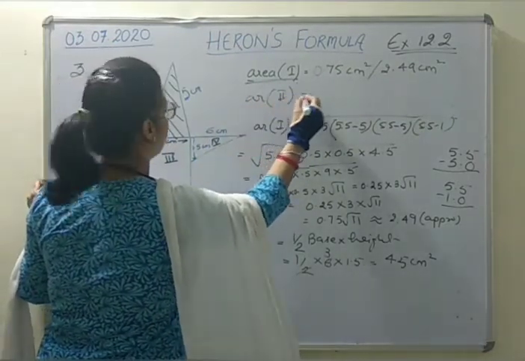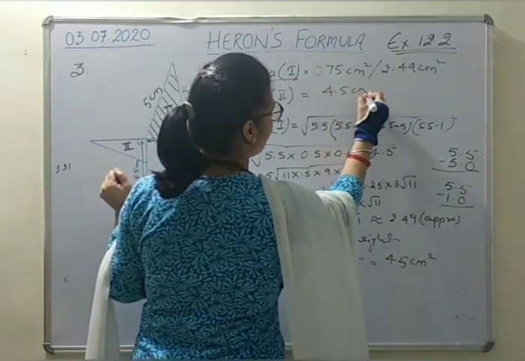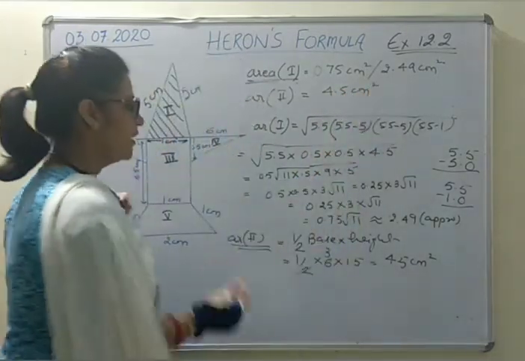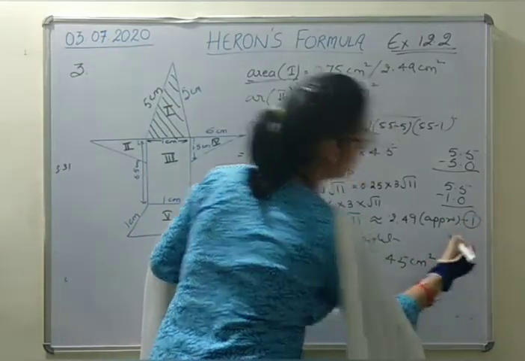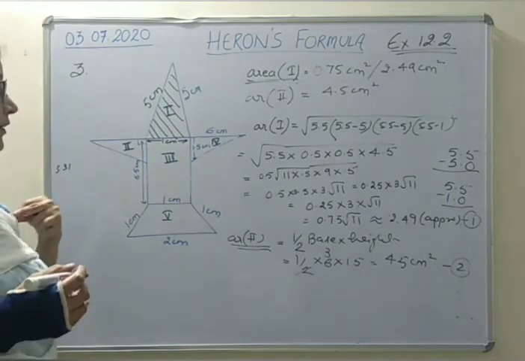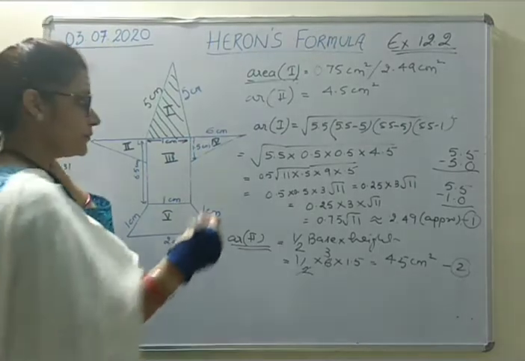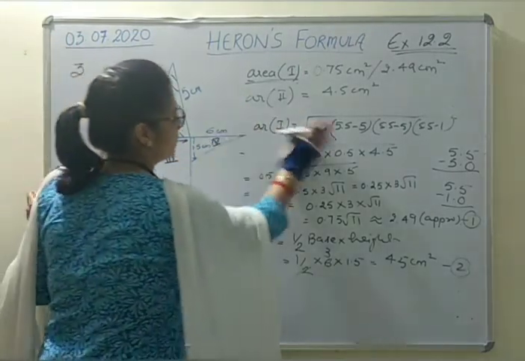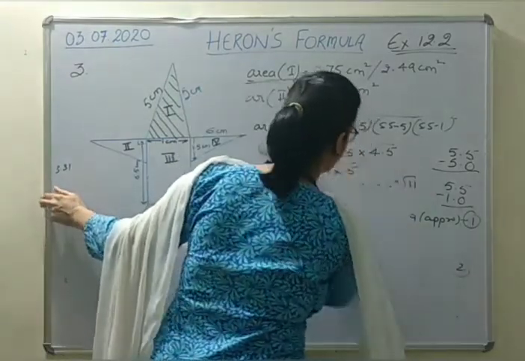The area of the second portion we have got is 4.5 centimeter square. You can number them like this, 1, 2, so that it will be easy for us to add. So we have got the area of two regions. Now we have to find the area of the third region.